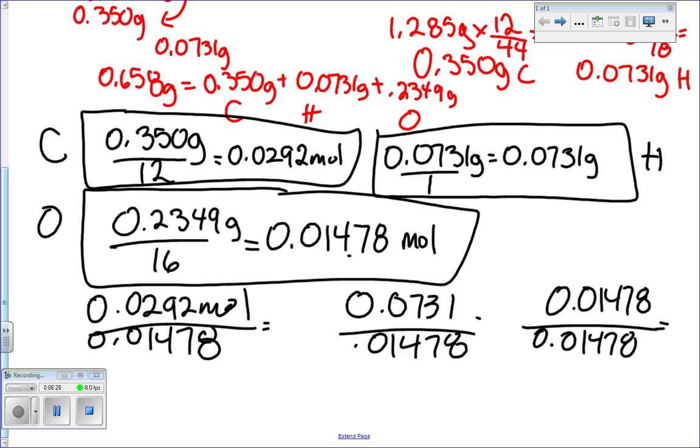Now I end up with my ratios. These values come out pretty close. This one is 1.99, so the value is 2 for carbon. This value comes out to be 4.97, so it's 5 for hydrogen, and my oxygen is obviously 1.